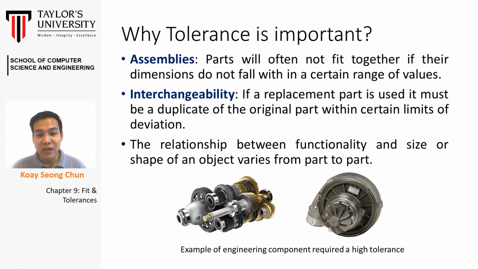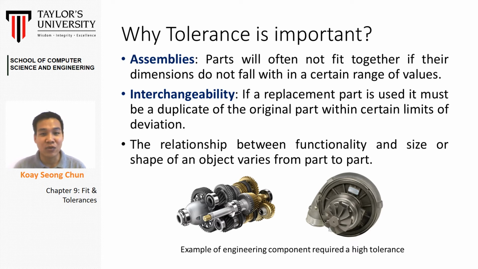So when I replace it with the new part, it looks no different for my car. The example I show here is a mechanical part that needs very high tolerance and very high accuracy, for example your gear transmission. If we have a very low tolerance, it may be loose between the gears, so the power transmission will be bad.